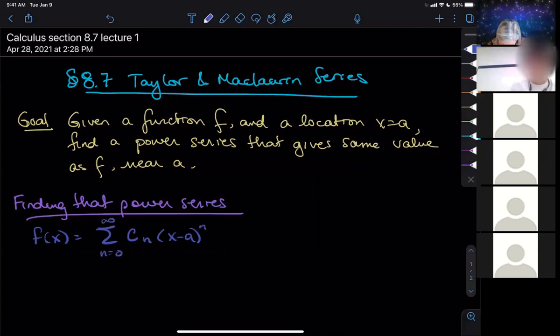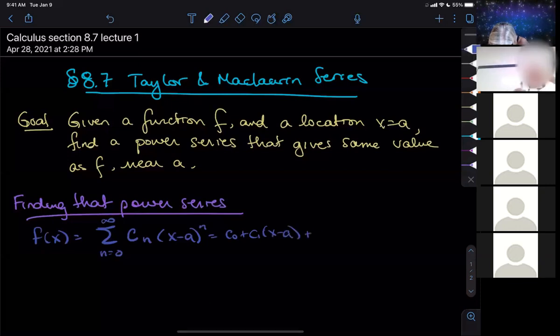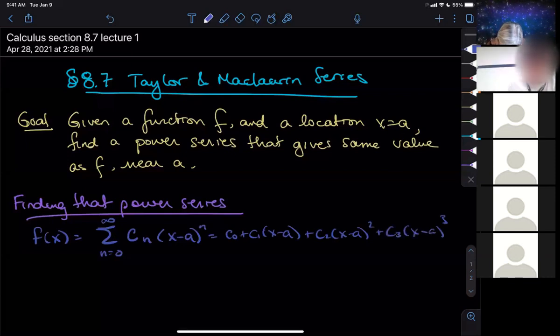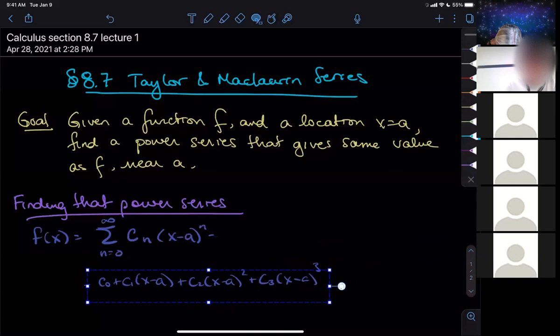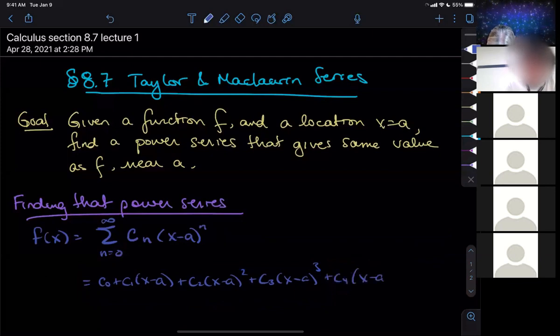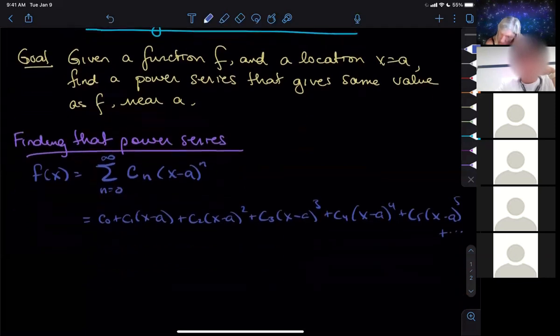If you don't like it that way, we can also represent it as C0 plus C1 times (x minus a) plus C2 times (x minus a) squared plus C3 times (x minus a) cubed plus C4 times (x minus a) to the fourth plus C5 times (x minus a) to the fifth, and so on and so on. This is just a polynomial.